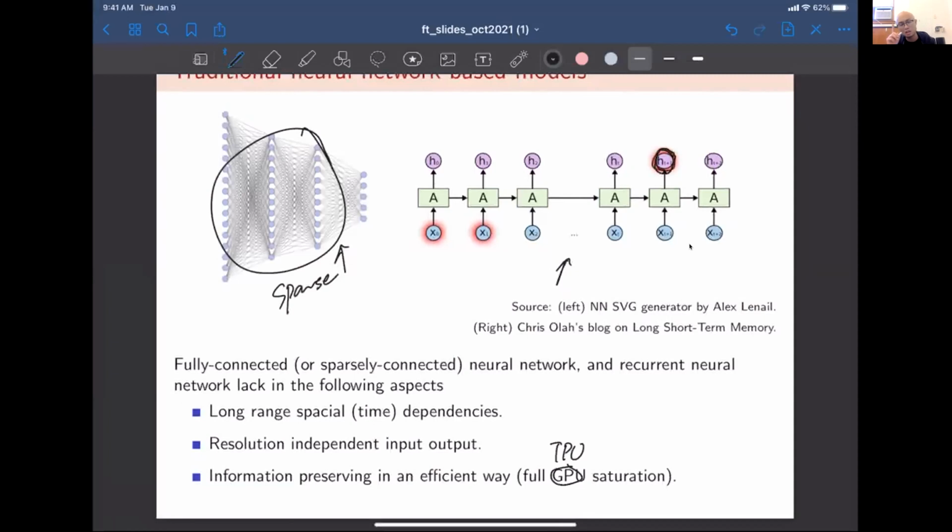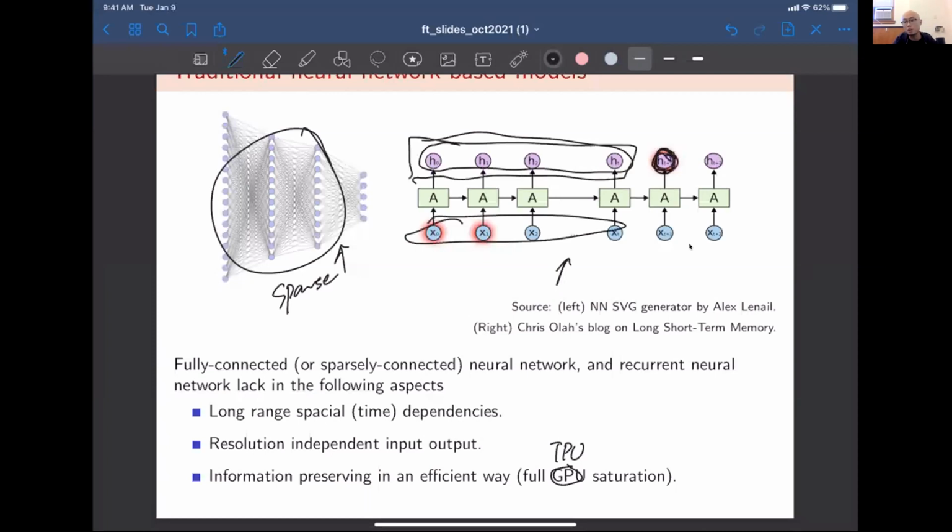In order to get the hidden representation in the next time step, we need all the input from the previous time step, as well as all the hidden states computed by our cells, for example GRU or LSTM cells, so it's a sequential operation. In order to get this, we have to wait.